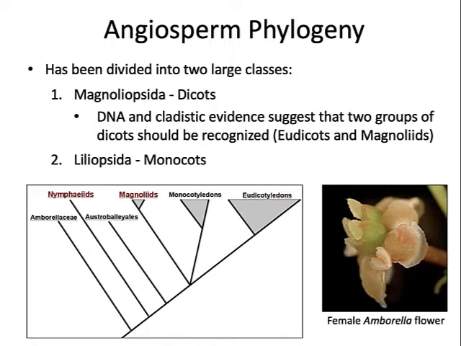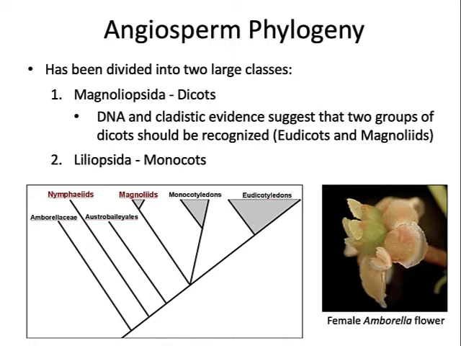Angiosperms have been divided into 2 large classes. We can break down this phylum Magnoliophyta into the Magnoliopsida and the Liliopsida. The Magnoliopsida is the dicots, and we can see the spelling of that word on our screen.